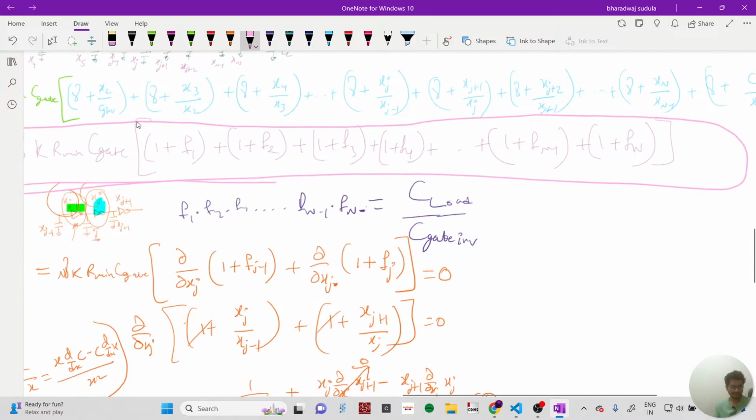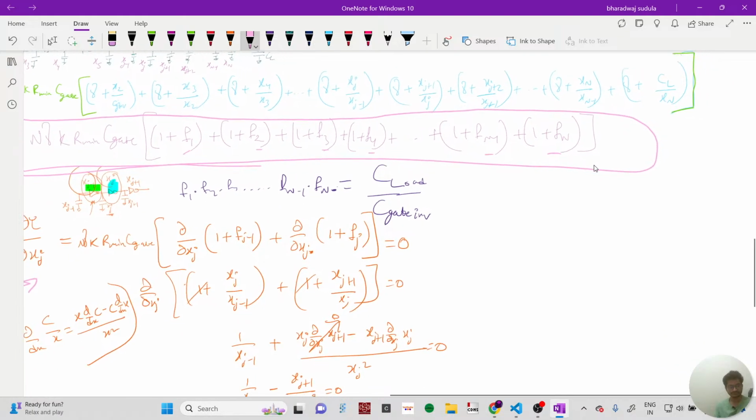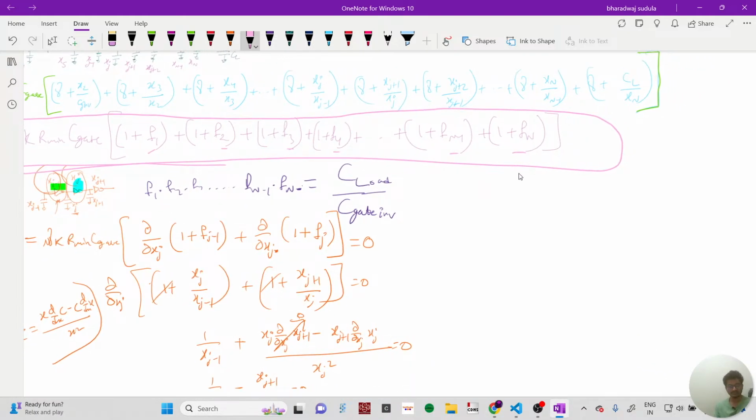So if you can see, all these are equal, correct? Correct. So I can write k R min, gate, n comma of 1 plus n f.